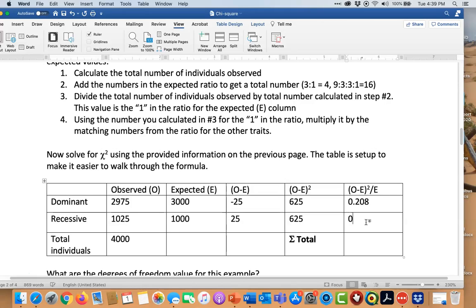And then when we divide this one, 625 divided by 1,000 is 0.625. All right. So now we've got our observed minus expected squared divided by expecteds calculated. Now we're going to sum them. So now you just add those together.